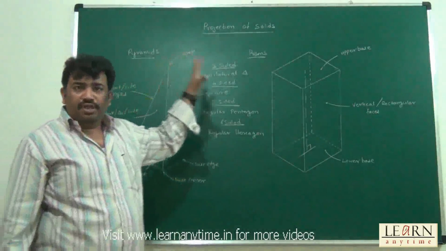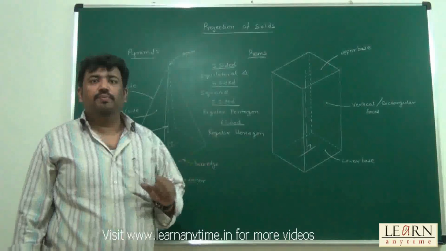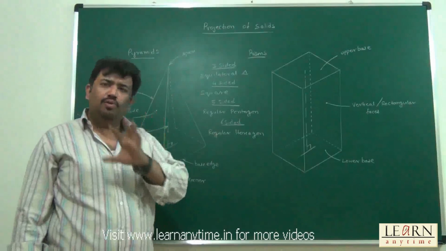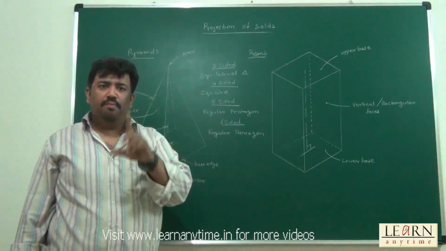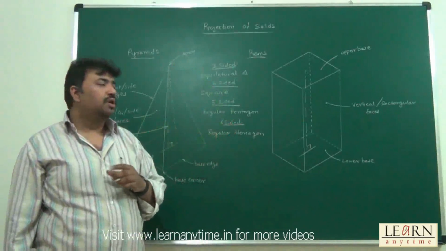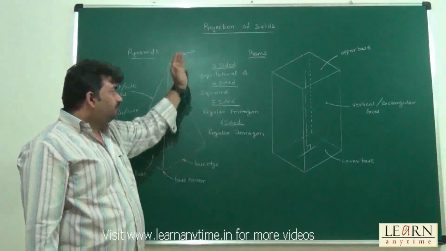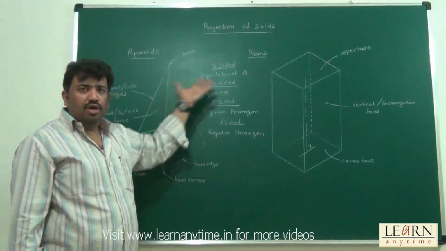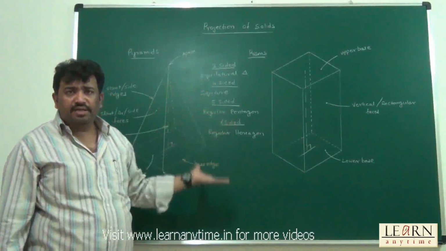Now apart from these 4 pyramids and 4 prisms, there are 2 more solids. They are also basically pyramids and prisms, but slightly different from these. If the shape of the base is a triangle, we call it a triangular pyramid. Then square pyramid, pentagonal pyramid, hexagonal pyramid.